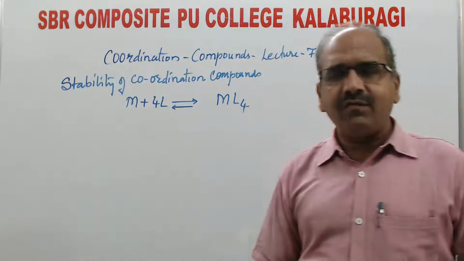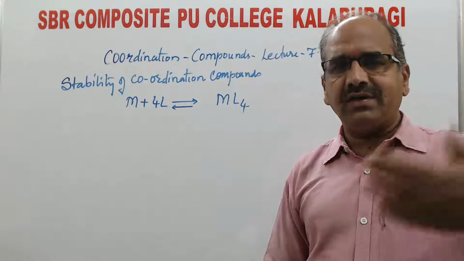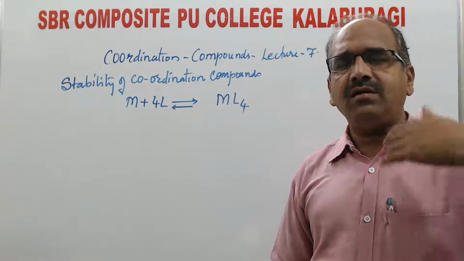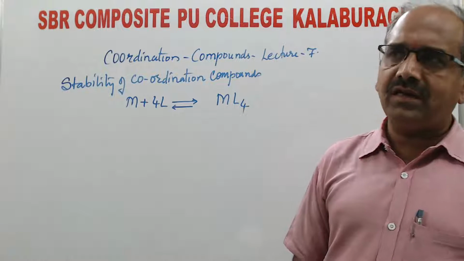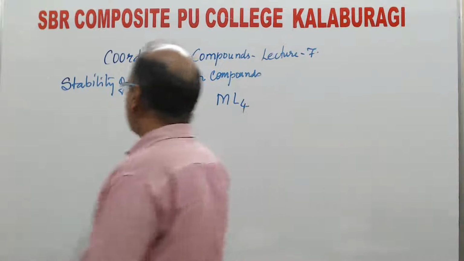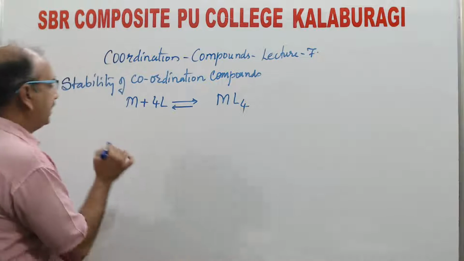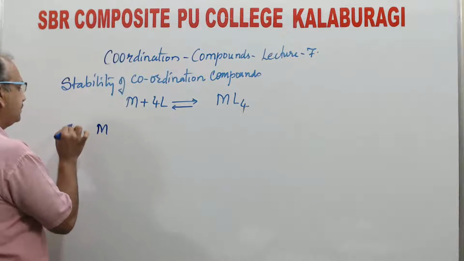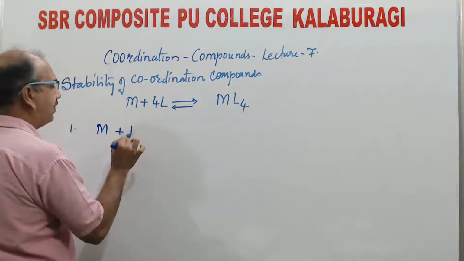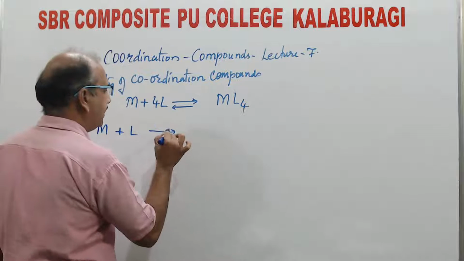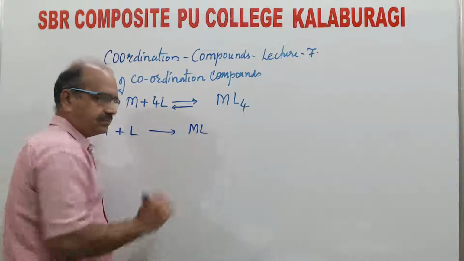Now this ML4 is formed in several steps, remember. Not all 4 ligands will bond with the central metal atom at once. So what are those steps? In the first step, one metal atom bonds with one ligand and forms ML.